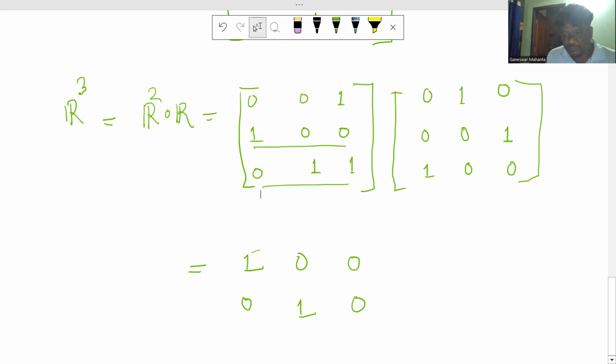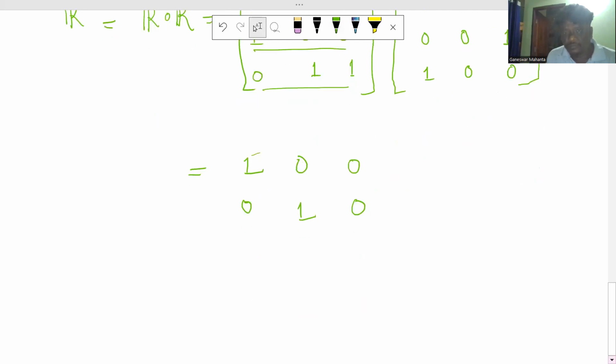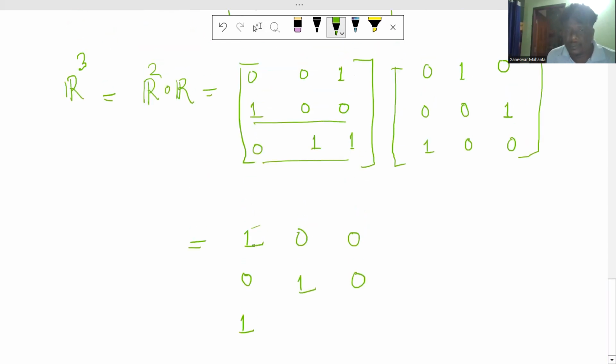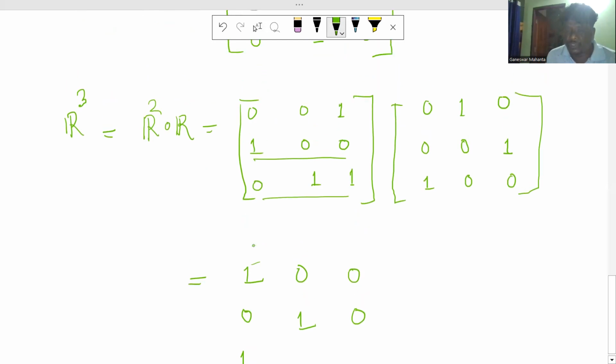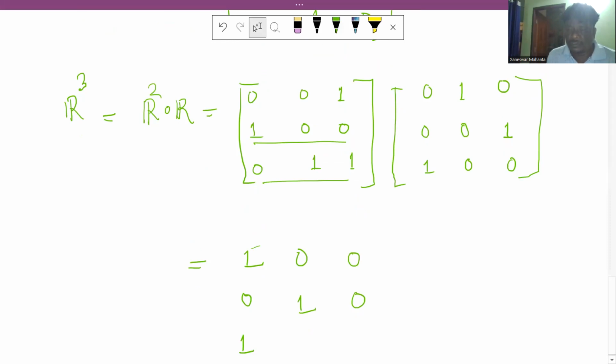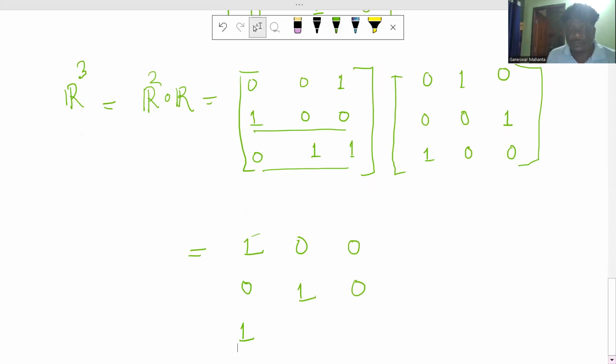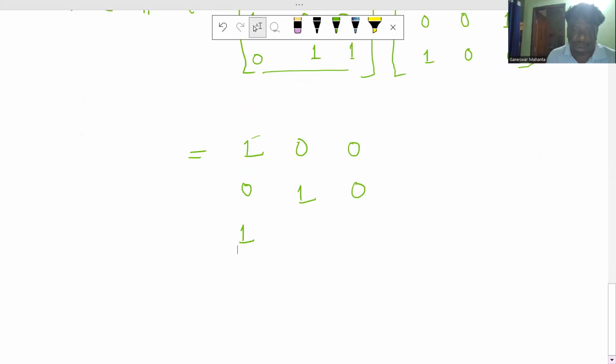Then last row, second column, 0, and 1. That is 0, 1. You produce that, that is R cube.